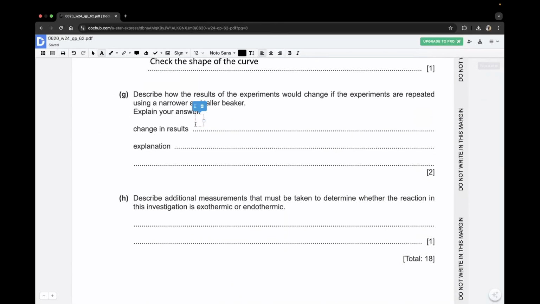So we can say that time for reaction would be longer, and the explanation is that the depth of the liquid is greater. Just remember, a greater surface area leads to a greater rate of reaction. If they're increasing the depth, that means the reaction would be slower and the time would be longer.